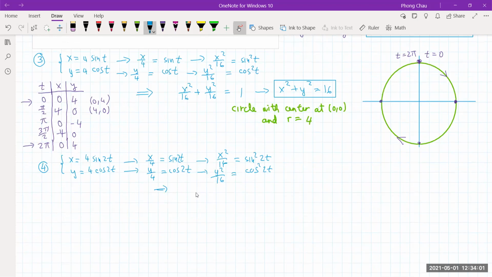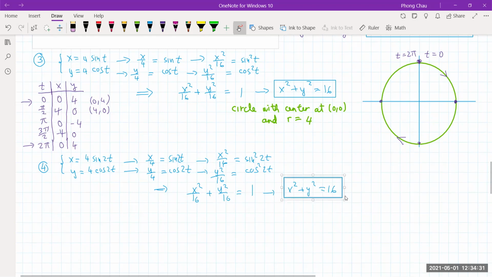You add, you have x squared over 16 plus y squared over 16 equals sine squared 2t plus cosine squared of 2t. It doesn't matter: sine squared of an angle plus cosine squared of the same angle will add up to 1. You end up with the exact same equation as before. We have x squared plus y squared equals 16 again. We have the same circle.